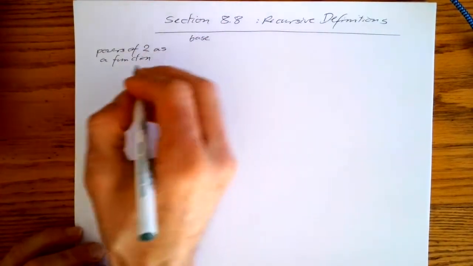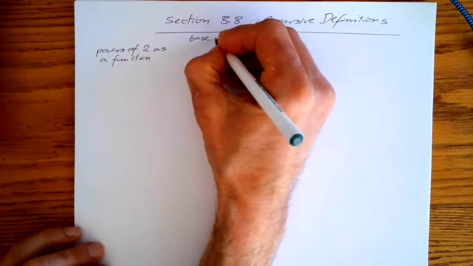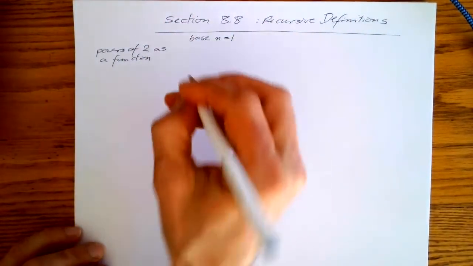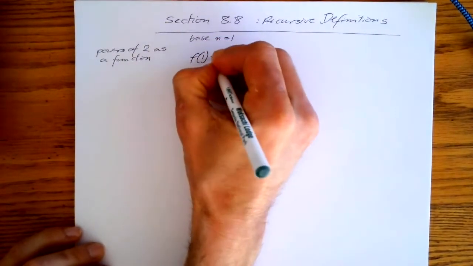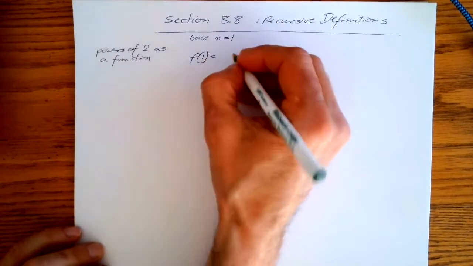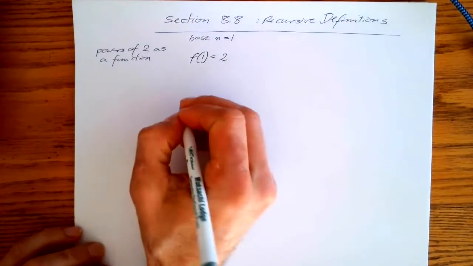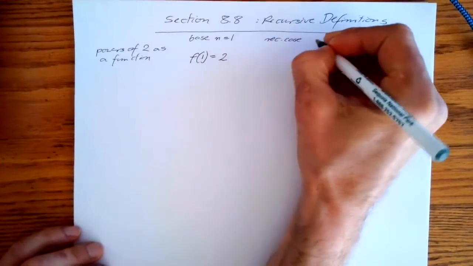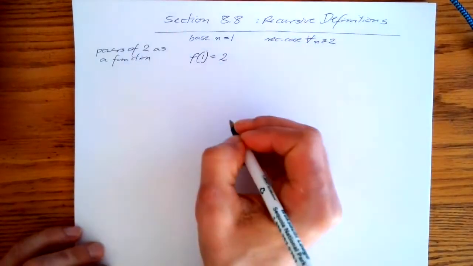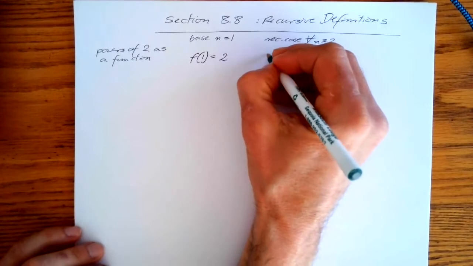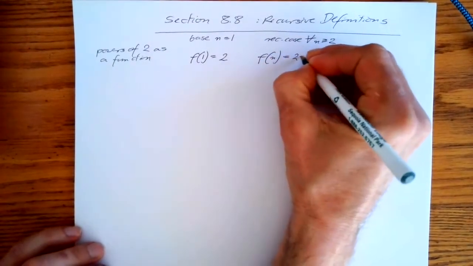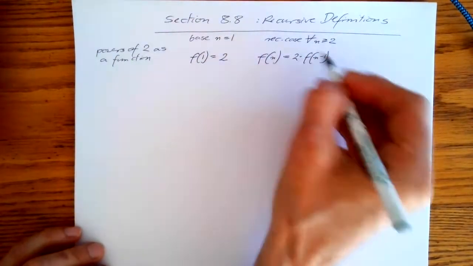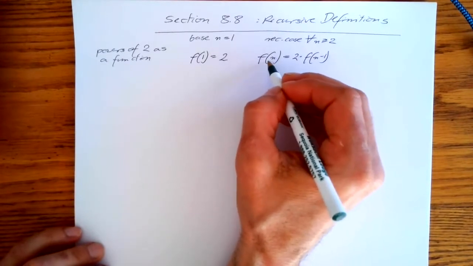It's a power for positive integers, so let's say your base case is 1. You define that the first power of 2 is 2. Okay, 2 to the 1 is 2. And then in a recursive case that goes for all n greater than 2, you can define this function recursively like this: f(n) is 2 times f(n minus 1), right? So recursively, this defines f(n) at any n.